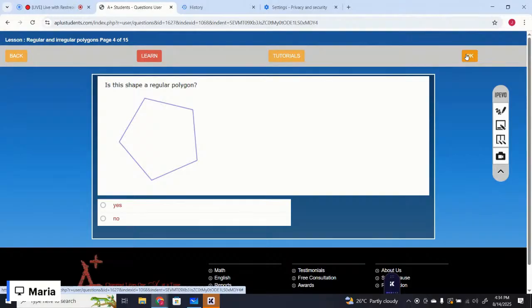Is this shape a regular polygon? Yes, it is a regular polygon. Option number one is the correct option.